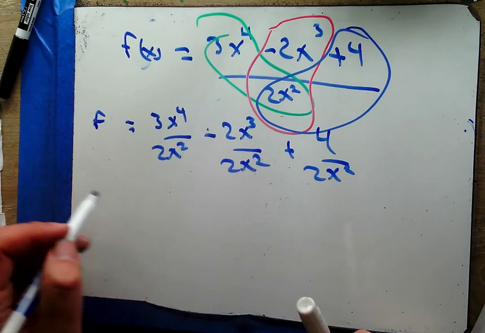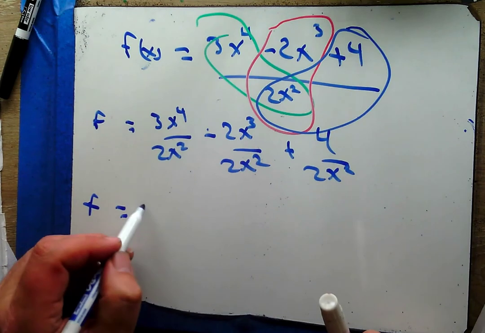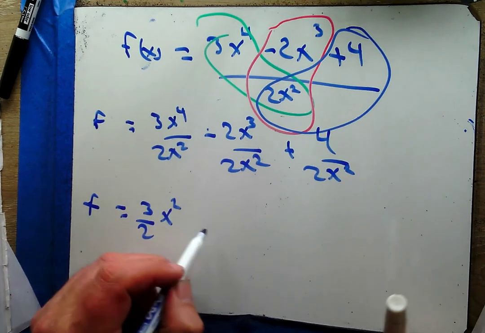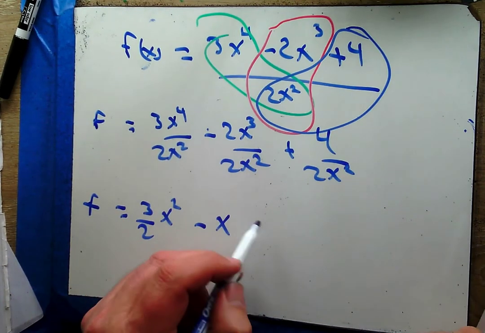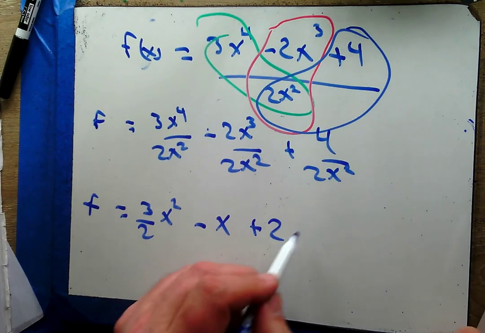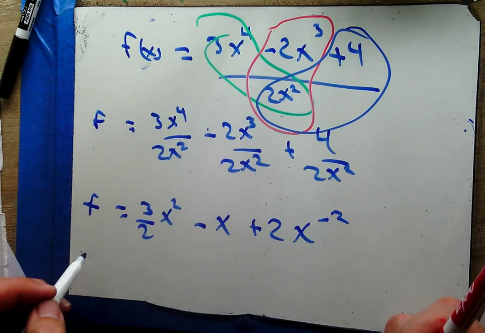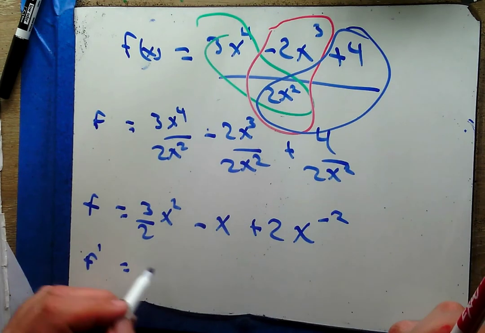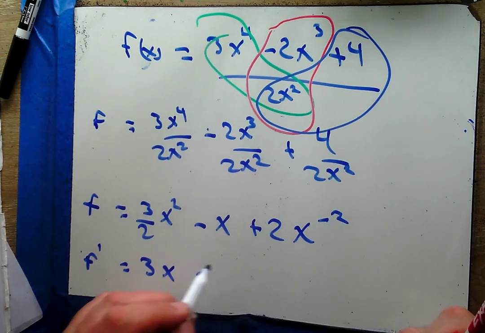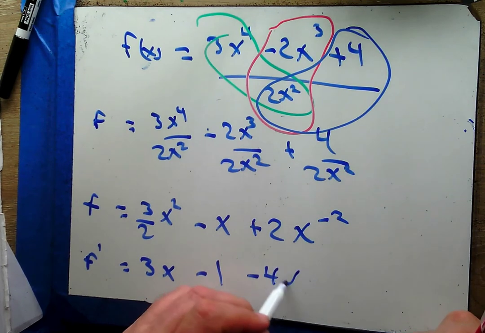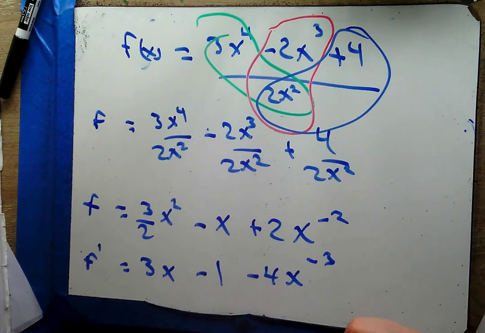And so I could simplify each of these and say that 3 halves x squared minus x plus 2x to the minus 2. Oh, that's so easy to take the derivative of. f prime would be 3x minus 1 minus 4x to the minus 3. Okay? That was a lot faster than the quotient rule.